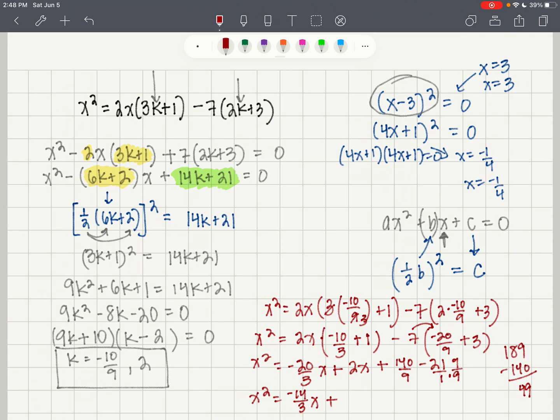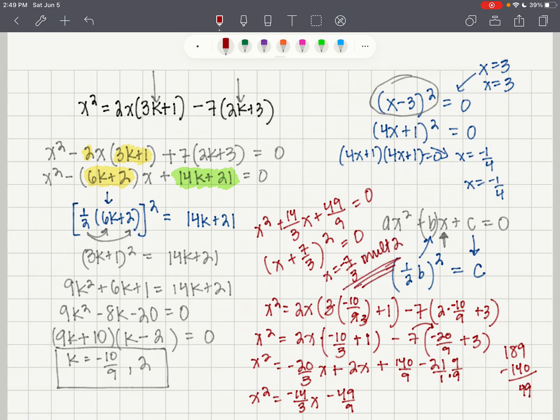So that would be a minus 49/9. And let's see, x² + 14/3 x + 49/9 = 0. I'm going to take half of 14/3, which is 7/3. And that is how that factors. (x + 7/3)². So I'd have x = -7/3 with multiplicity 2.